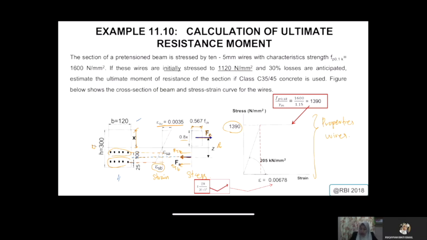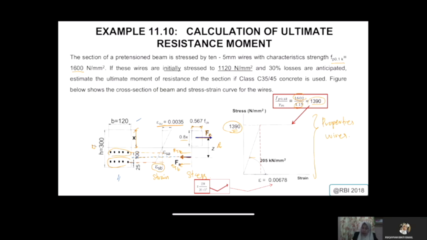When we say ultimate, it means you get it from 1600, which is the characteristic proof stress, divided by your partial factor of safety, which gives you 1390. This will be the ultimate strength of your steel, of your tendon, that will be used to calculate your moment.